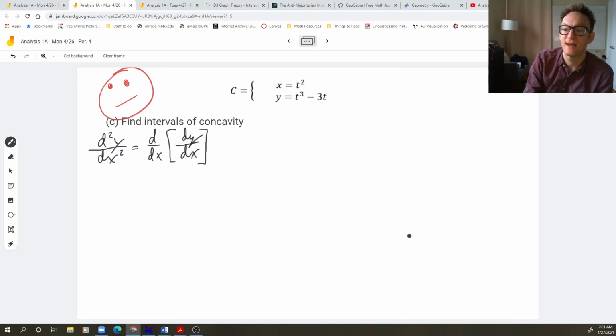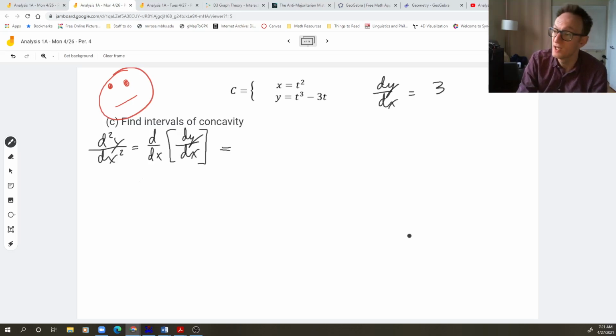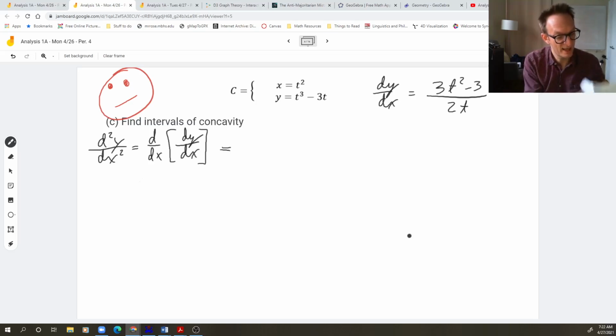How about now for this particular example? Well, I suppose I should write what the formula is that we computed. I think it's 3t squared minus 3 over 2t, I believe, is right.